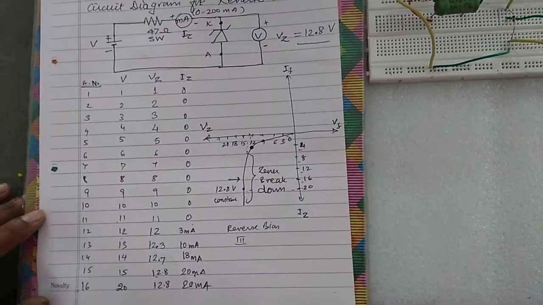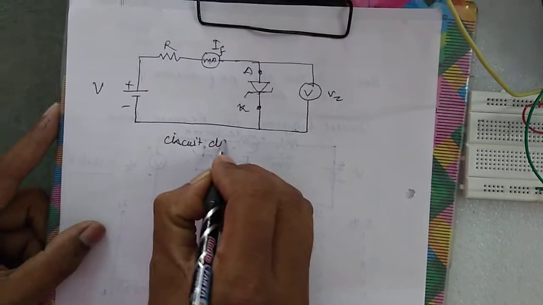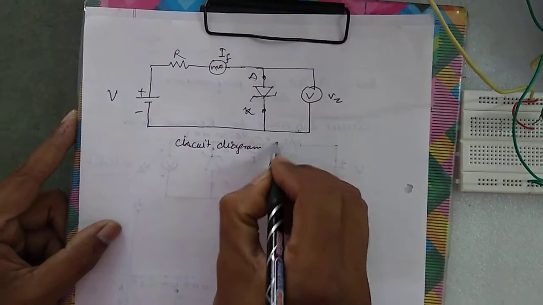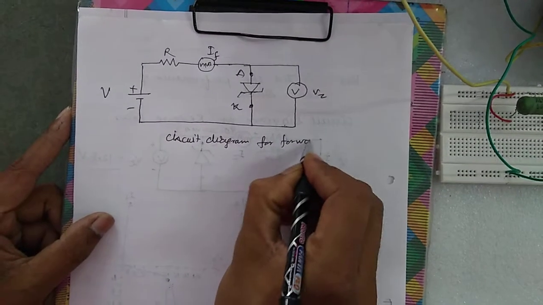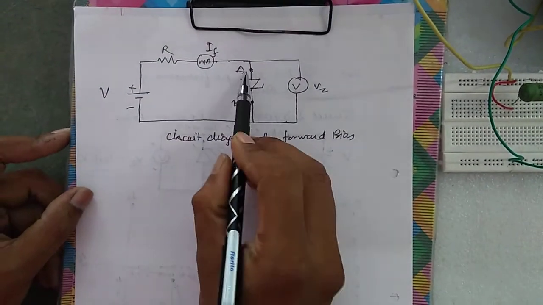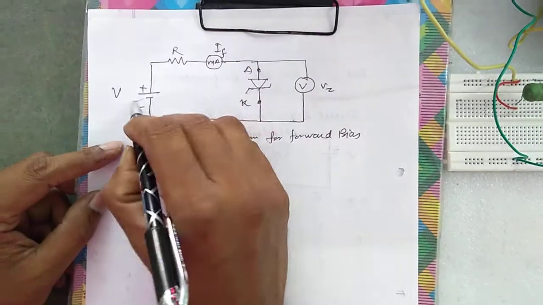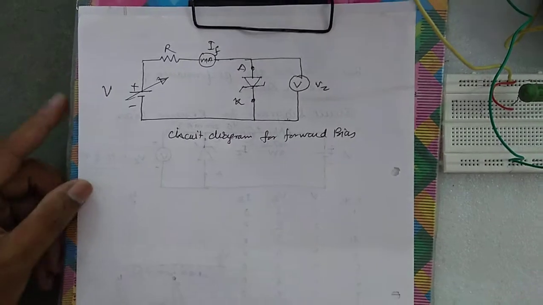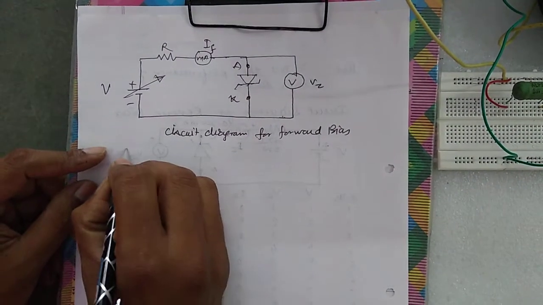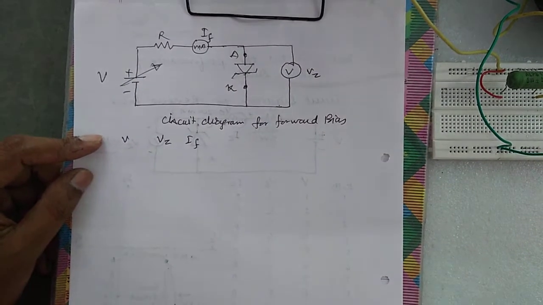We can just check it. Now this is the circuit diagram for forward bias of Zener diode. Anode connected to positive terminal of battery, cathode connected to negative terminal of battery, and this is variable. And we have to plot V, Vz and If.